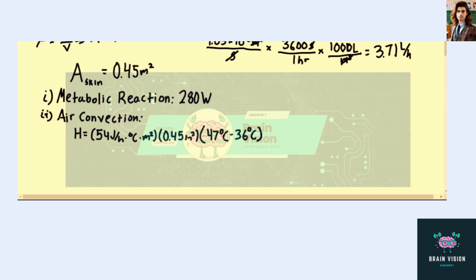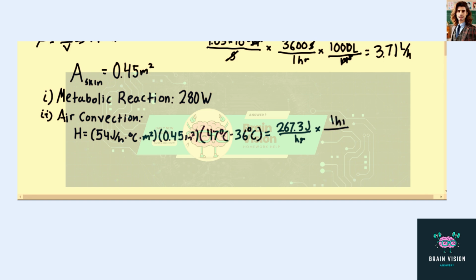That works out to give this person, the heat on this person from air convection, a rate of 267.3 joules per hour, which again we're going to need to convert to joules per second.